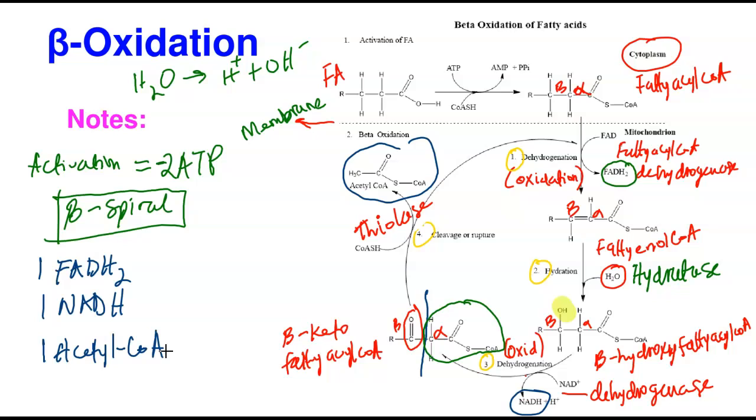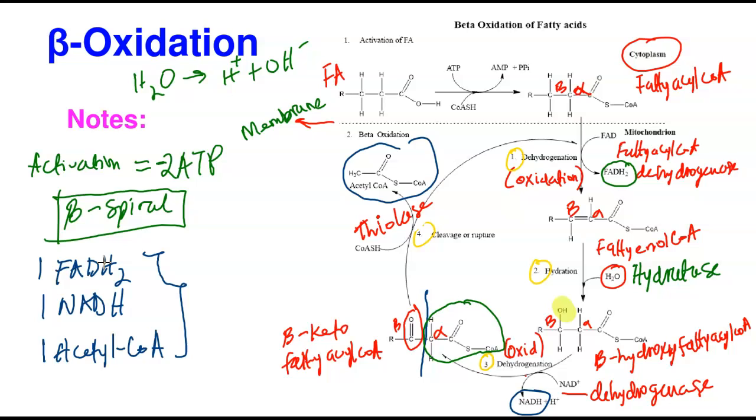So one complete spiral will produce one. Remember, the activation will only happen once. It's not part of the spiral. However, in one cycle of the beta oxidation spiral, you produce 1 FADH2, 1 NADH, and 1 acetyl-CoA.